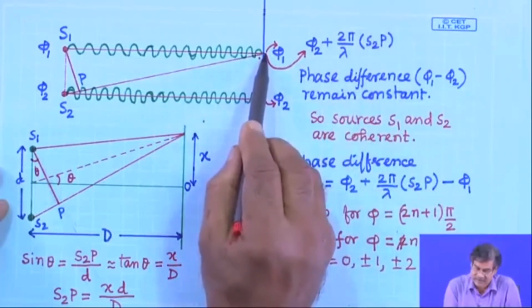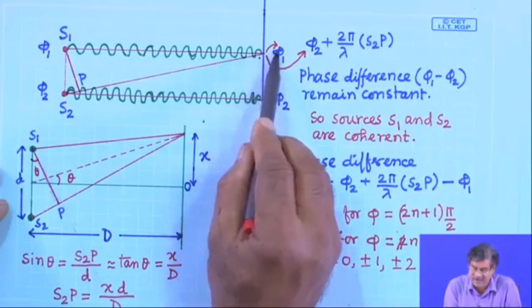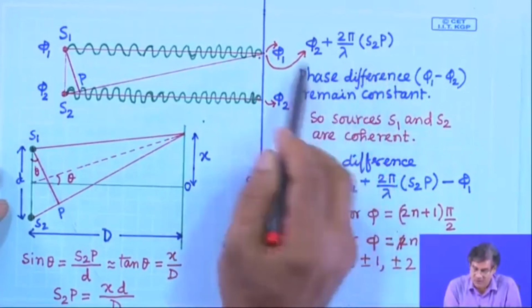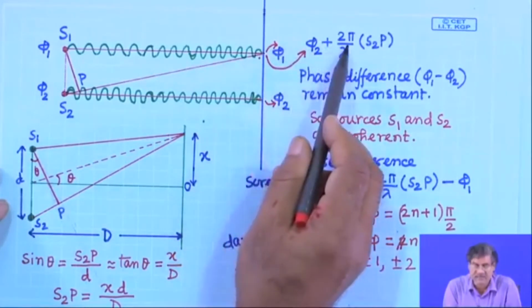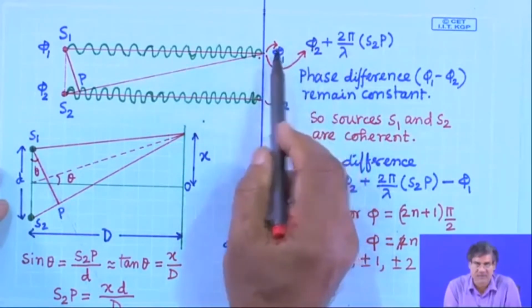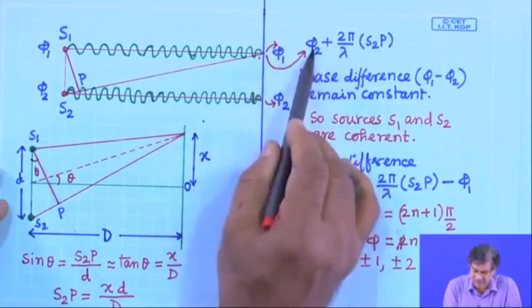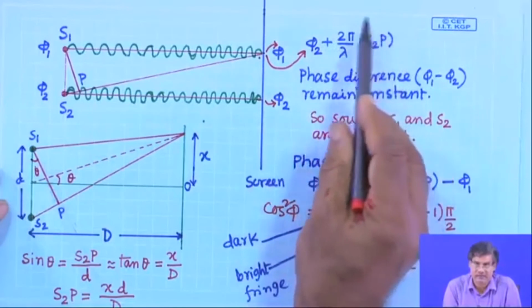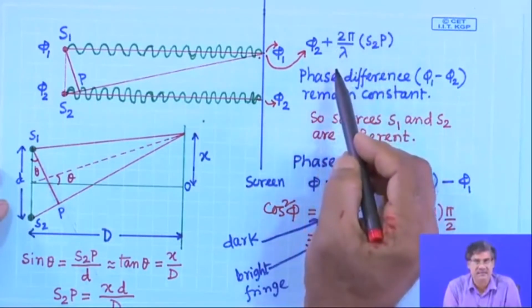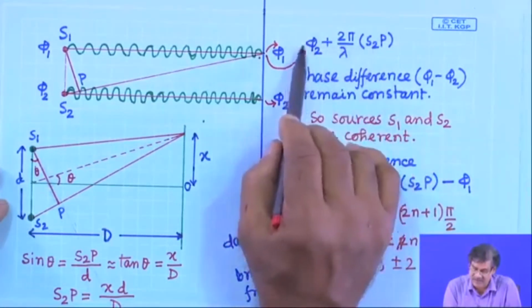So, at this point the phase difference between these two is not phi 1 minus phi 2, or phi 2 minus phi 1, it is not the difference of the initial one. An additional phase difference is coming. So, now the phase differences are different.